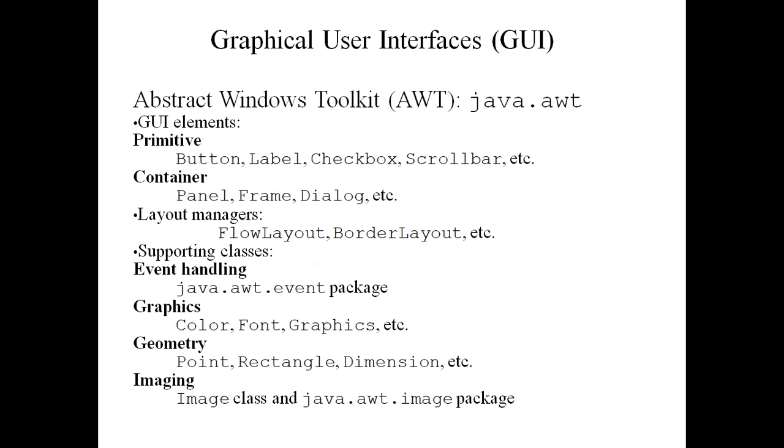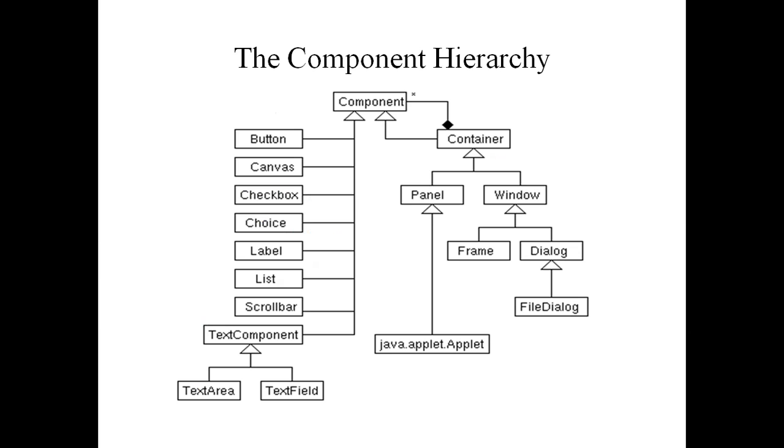Before starting the complete program, we have to understand this class hierarchy, the component hierarchy of Java AWT. These are the components as well as the classes: button, canvas, checkbox, choice, label, list, scroll bar.